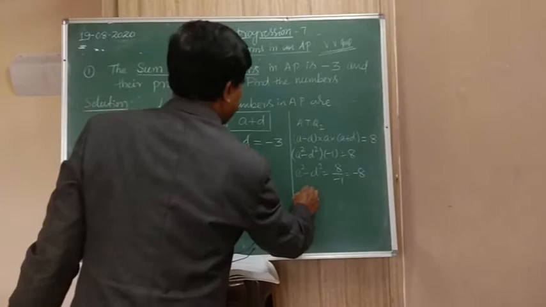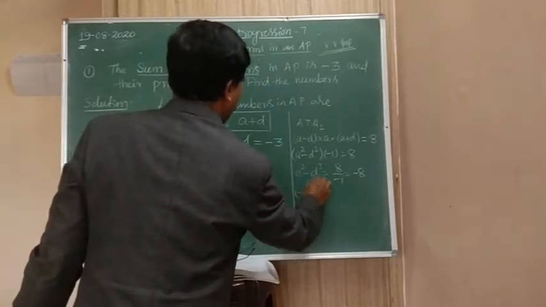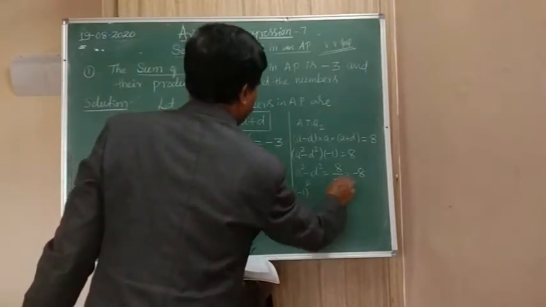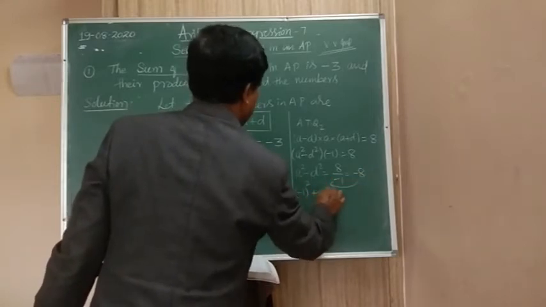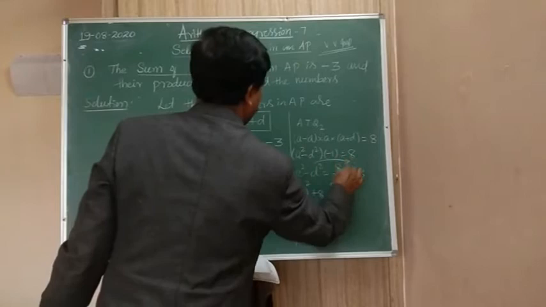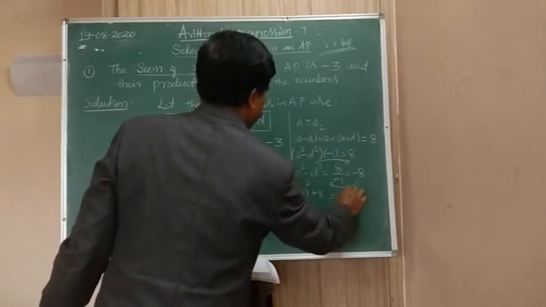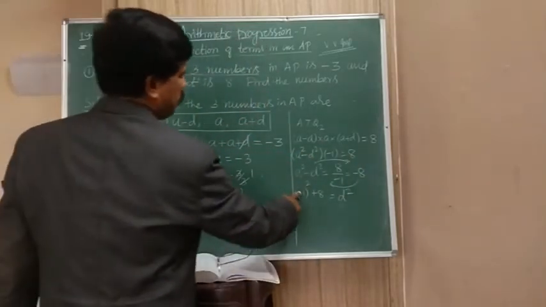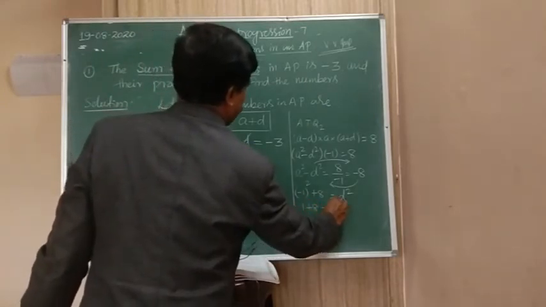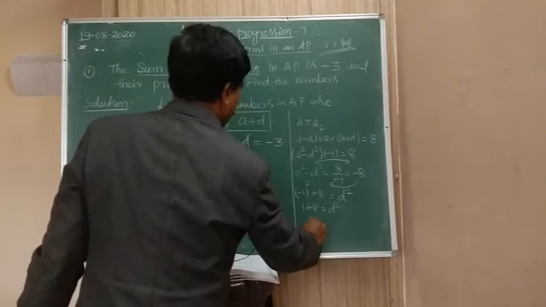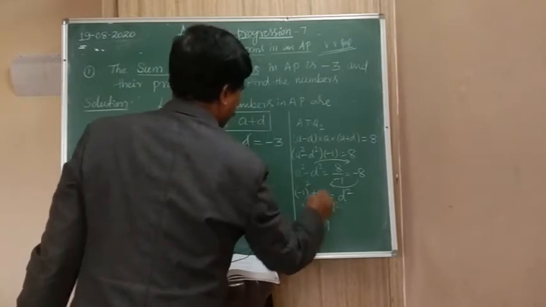Now here is -1 whole square. You can shift this to this side: -8 becomes +8 and this D square goes to this side, so it becomes plus D square. -1 whole square means +1, plus 8 equals D square. Then D square is equal to 9.